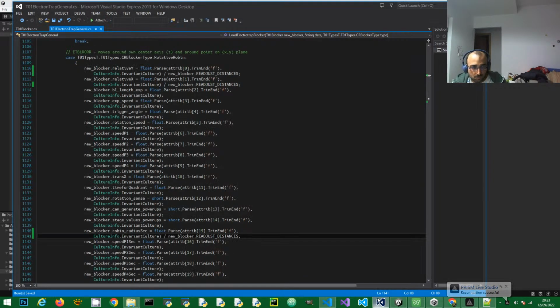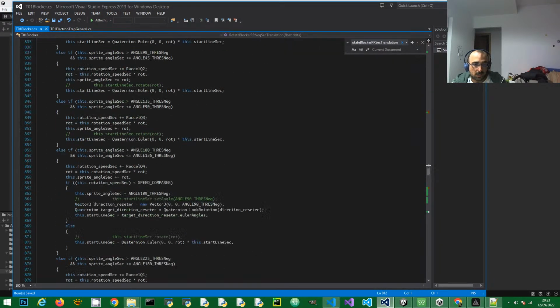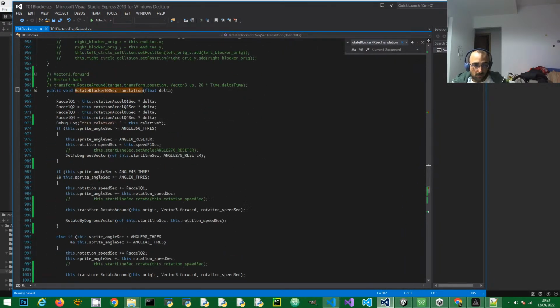Let's solve the pause issue. So it pauses. Why does it pause from angle to angle?